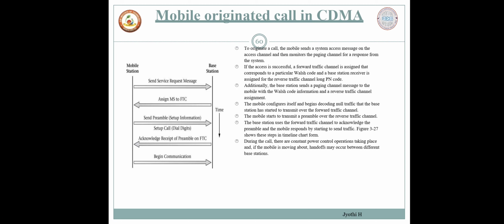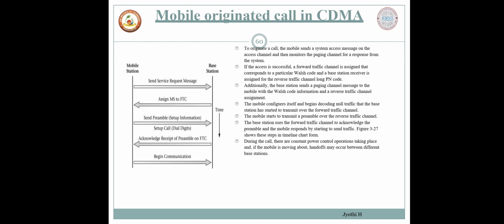To originate a call, the mobile sends the system access messages on the access channel, and then monitors the paging channel for a response from the system. If the access is successful, a forward traffic channel corresponding to a particular Walsh code is assigned, and the base station receives the assigned PN code for the reverse traffic channel. Additionally, the base station sends paging channel messages to the mobile with the Walsh code information and the reverse traffic channel.